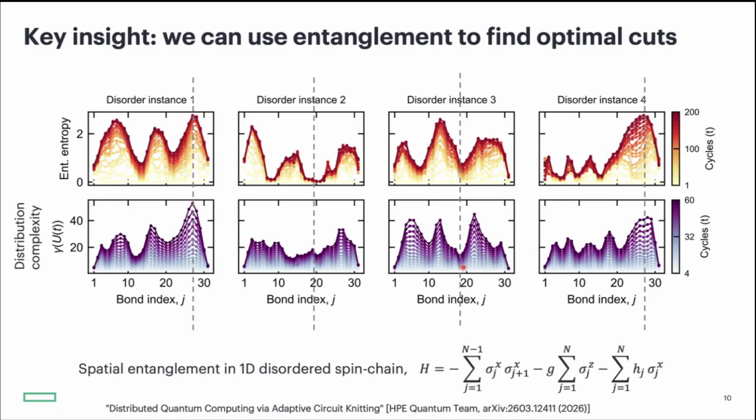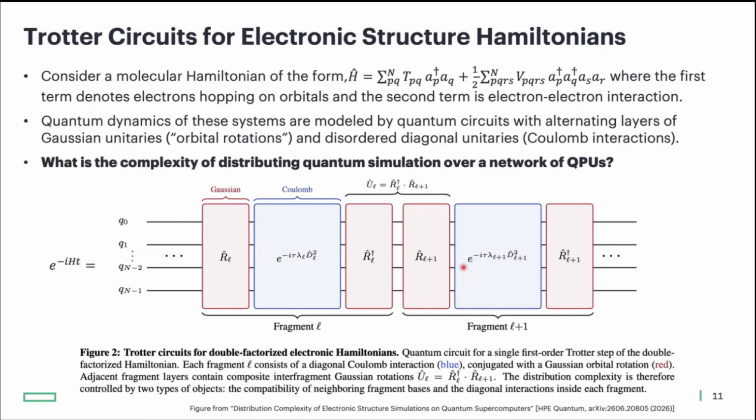100%, yes. So both for the spin chains and more kind of non-trivial problems like electronic structure, we realized that thinking about what are optimal representations of problems is really the key insight.